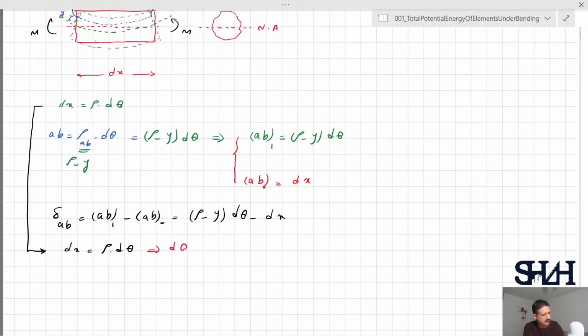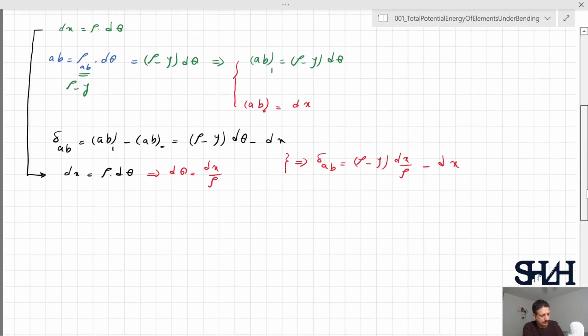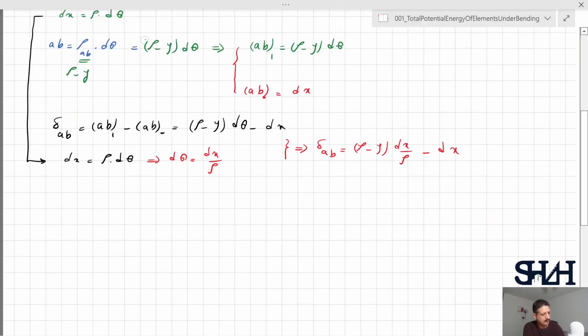So d theta can be written as dx divided by rho. Then delta AB will be (rho minus y) dx divided by rho, minus dx. So delta AB will be rho dx divided by rho, minus y dx divided by rho, minus dx.